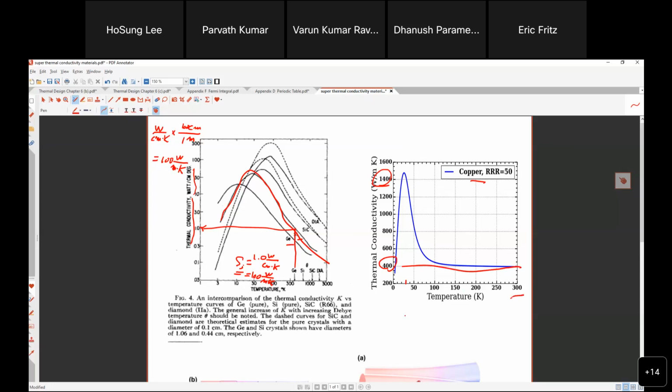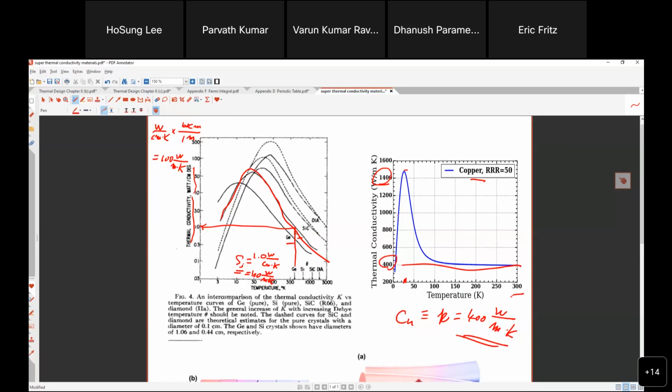Everybody knows copper K is 400 watt per meter K. We know that. But if the temperature is low, it's very high. Wow. 400, 1400, superconductivity.